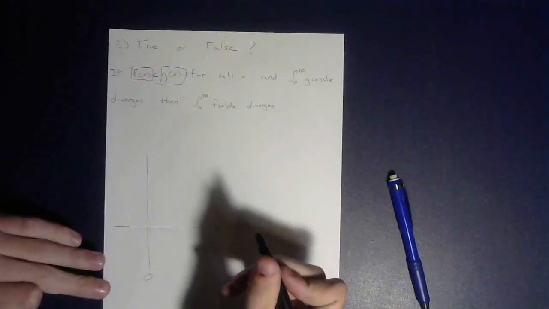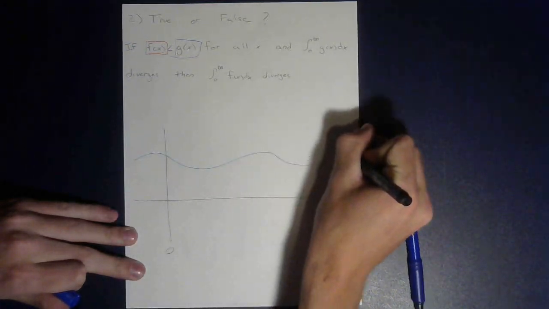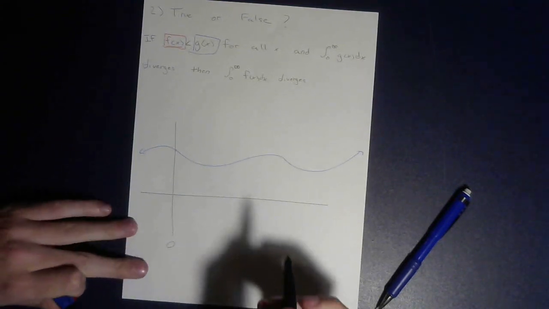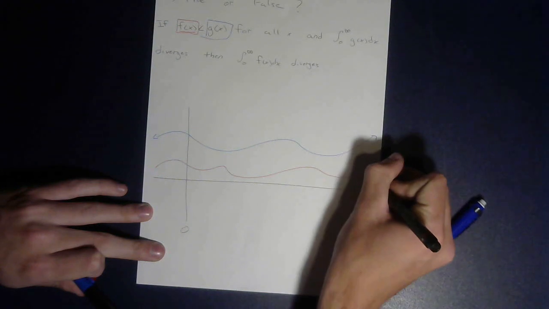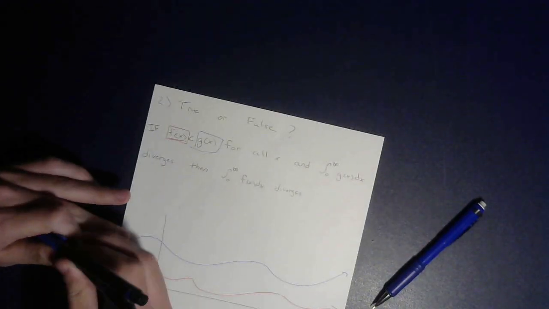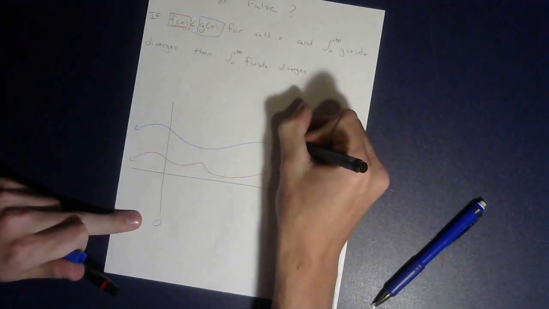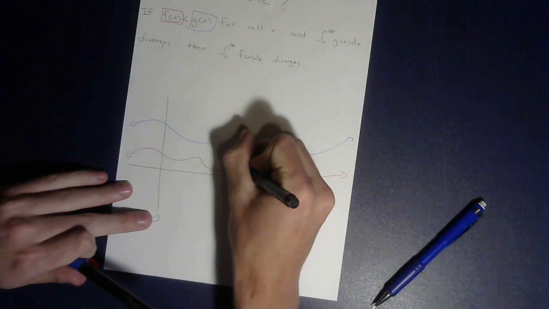So g of x is bigger. We'll do that one first. It's blue. And then f of x is going to be smaller for all x. I'll label them. G of x, f of x.